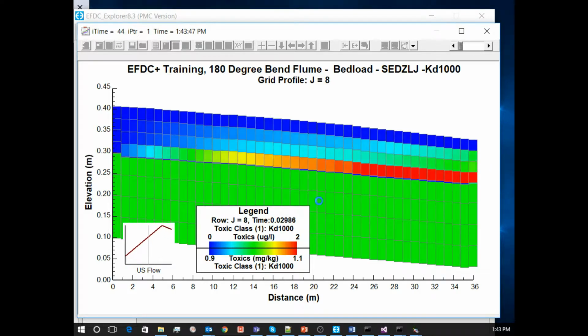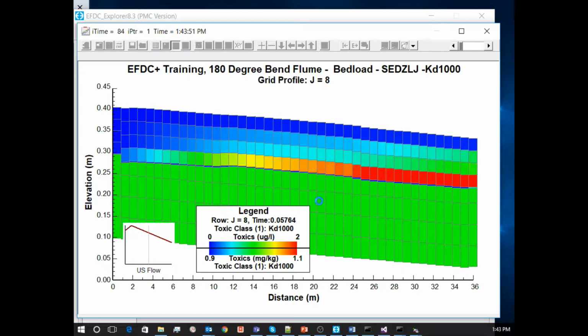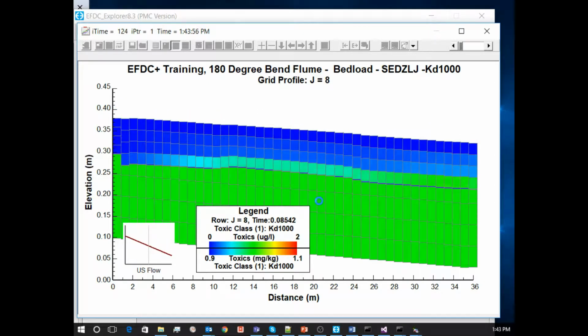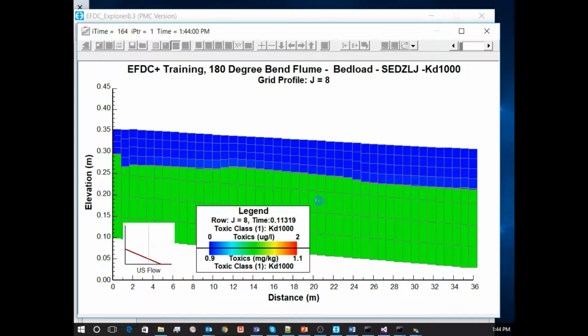So not only from a mass perspective on the sediments, but also a mass perspective on the toxics. It's behaving pretty much as expected.